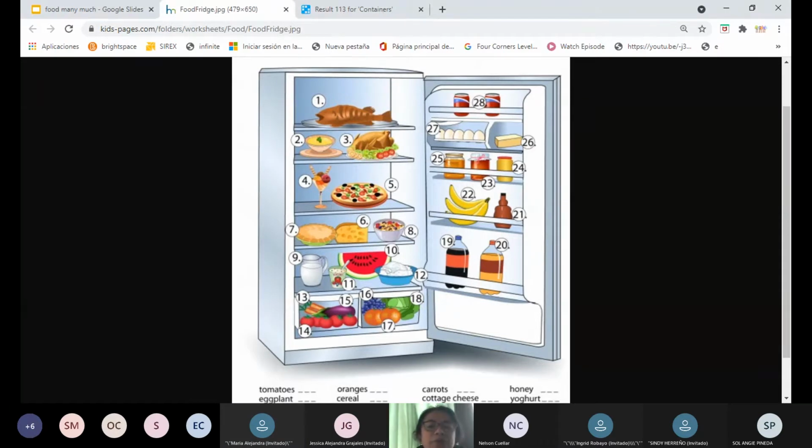And then, guys, Cindy, how about eggs, Cindy? ¿Qué hago con la pregunta? ¿Cómo le pregunto por los huevos, guys? Cindy, how can I ask the question about the eggs? How many or how much? How many? How many eggs are there? Yes, Cindy, how many eggs are there?